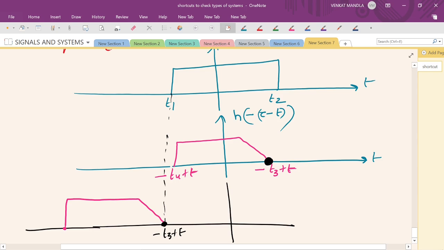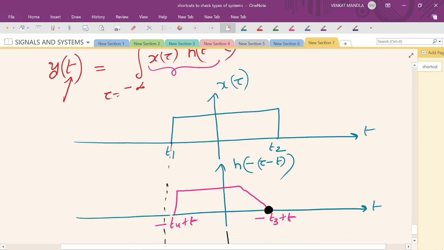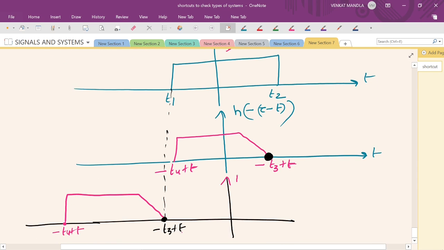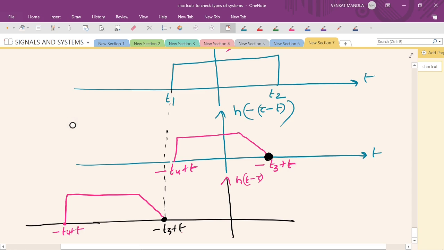This is the signal: minus t3 plus t here, and here minus t4 plus t. We are multiplying x of tau and h of t minus tau. Here x of tau is there, and here h of minus tau plus t, or h of t minus tau, is there.